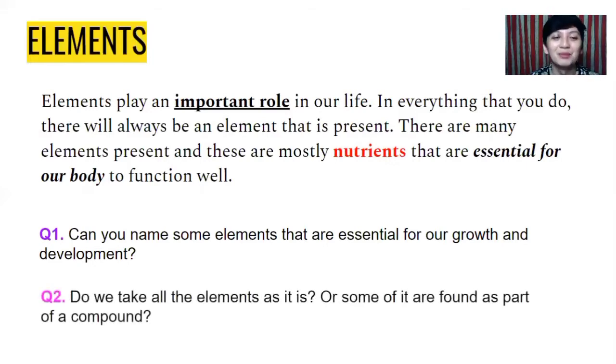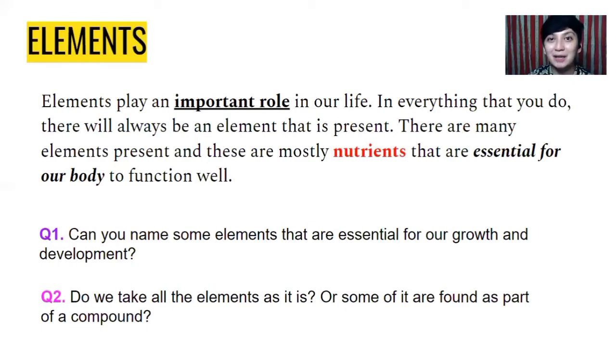And number two, do we take all the elements as they are, or are some of them found as part of a compound? Maybe I will give you 3 seconds to think about it. 3, 2, 1. Okay, the correct answer is yes. Some of the food that we eat is not just an element, okay?